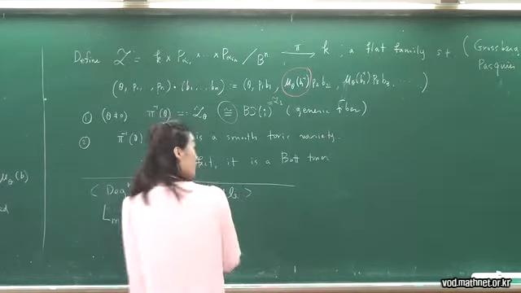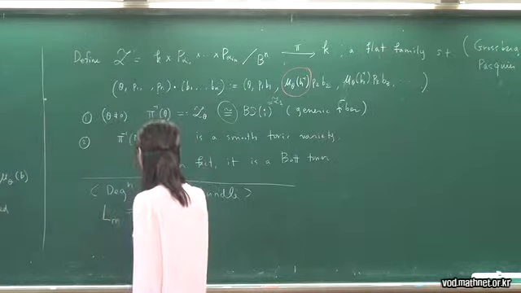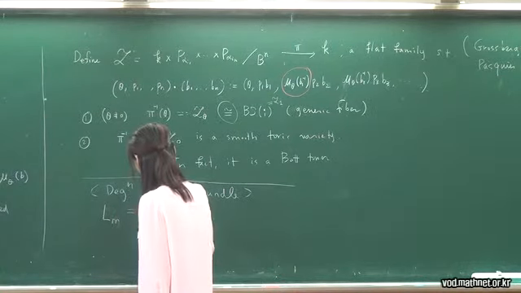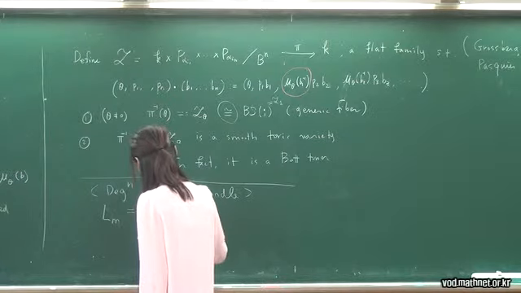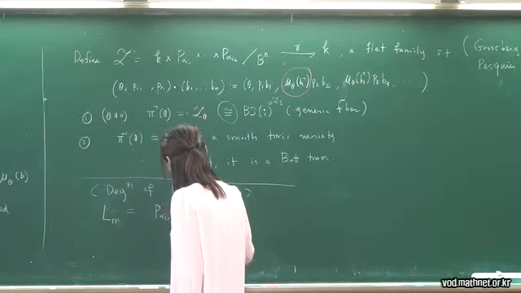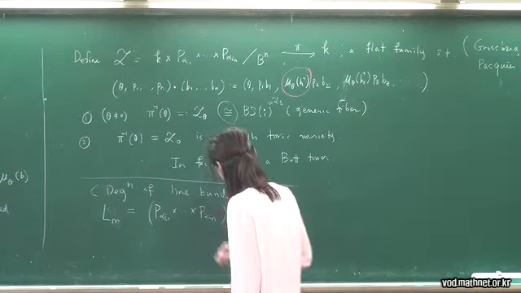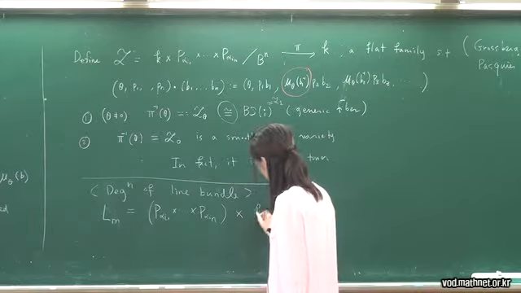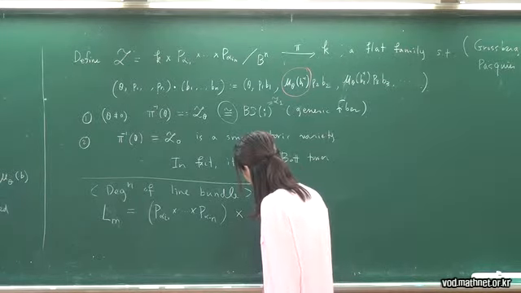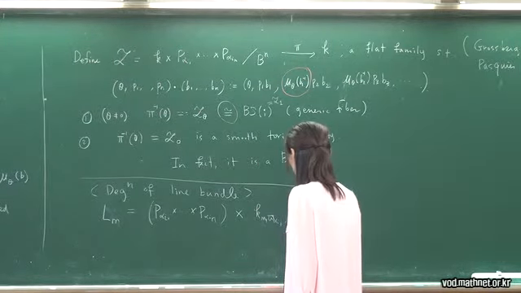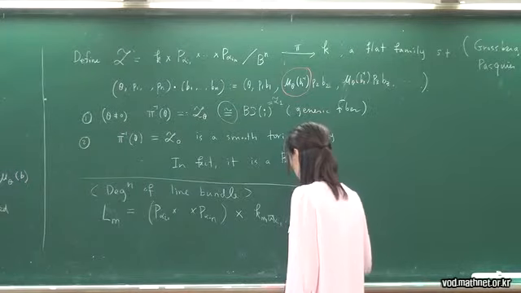It's P_{alpha_{i1}} times ... P_{alpha_{in}} cross K_{m1 alpha_{i1}, ..., mn alpha_{in}}.